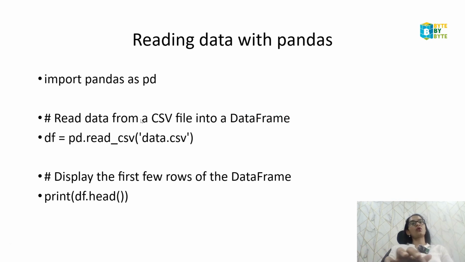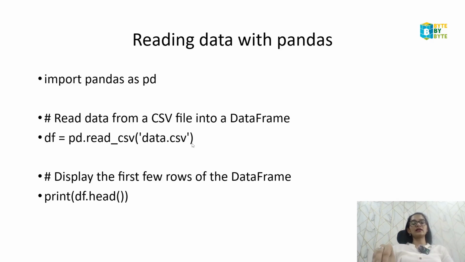Okay, so if you want to read any CSV file, what is the syntax? pd.read_csv. In the brackets you give the name of your file. If your file resides in your current working directory, then you can directly give data.csv.